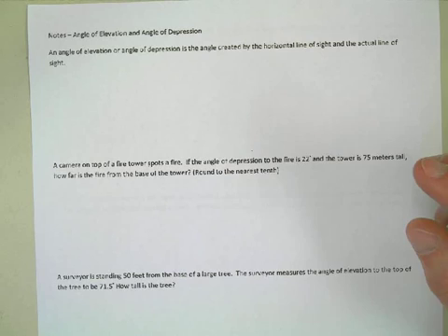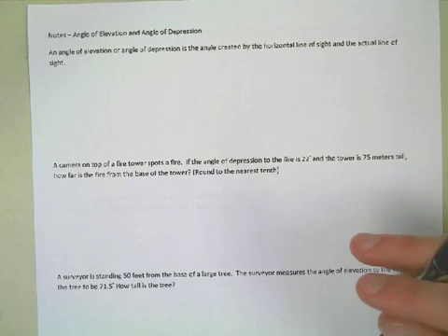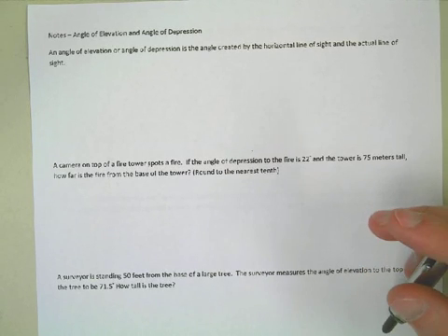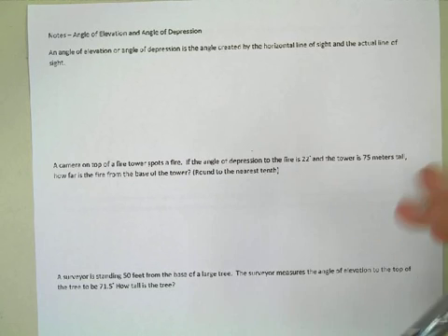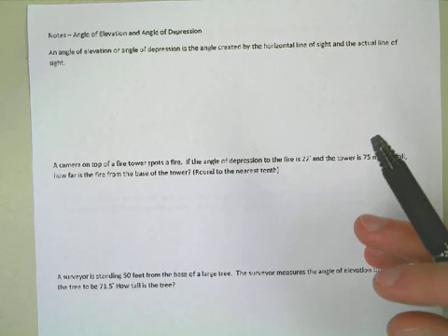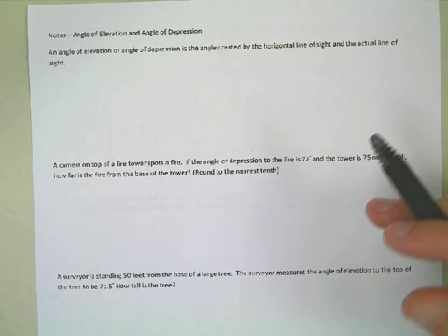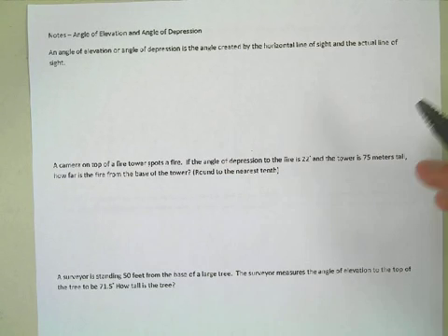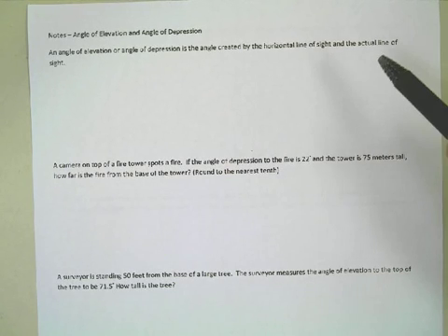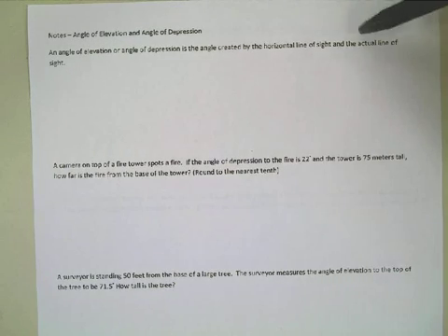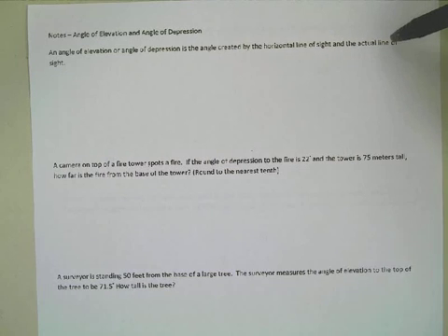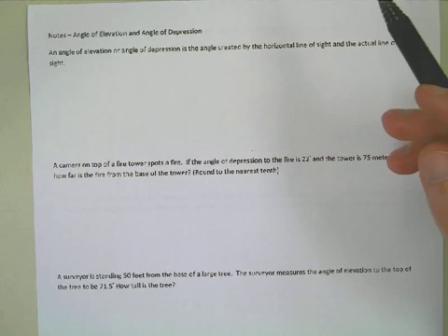When you're standing and you look out straight, that is your line of sight. Why is it a line? Because you're looking out along a straight line, and it's your sight because that's what you're viewing, okay? So the horizontal line of sight is you standing, looking straight out to the horizon.